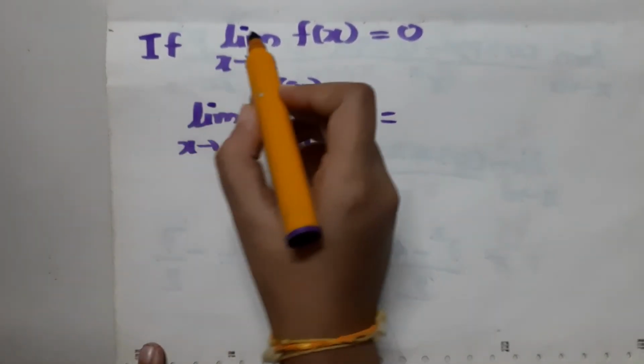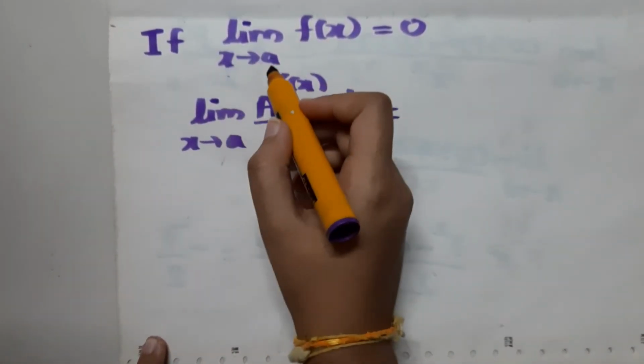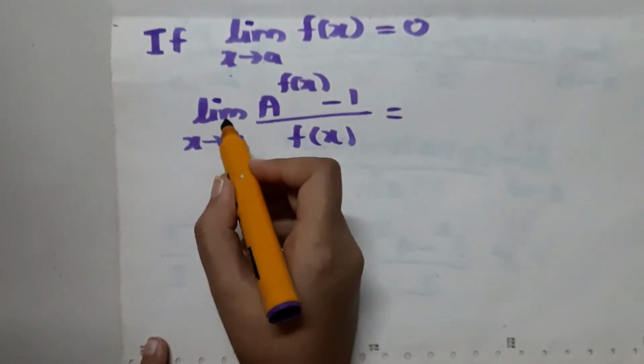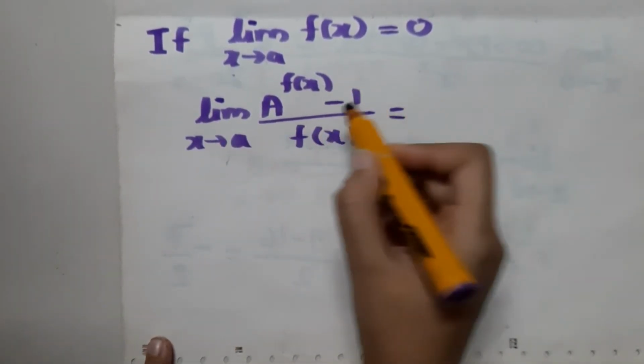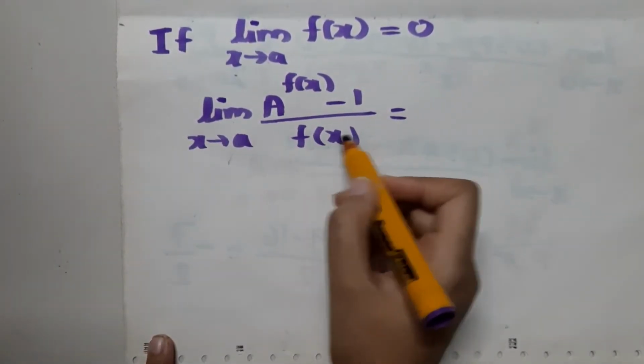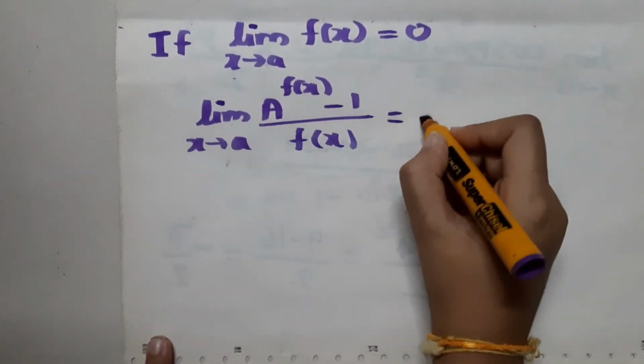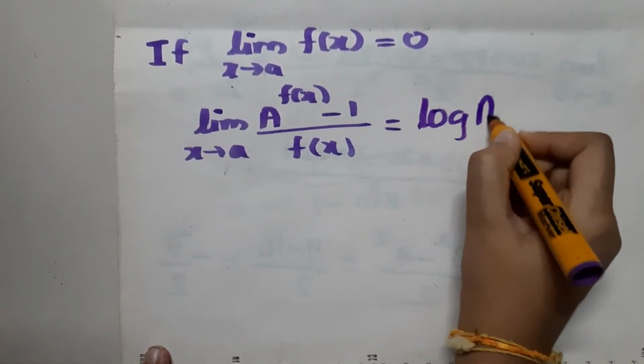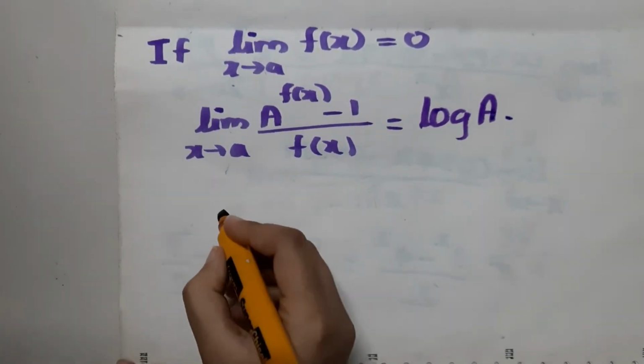Remember, if limit f of x as x tends to a is equal to 0, then limit (a power f of x minus 1) upon f of x as x tends to a is equal to log a. Consider an example.